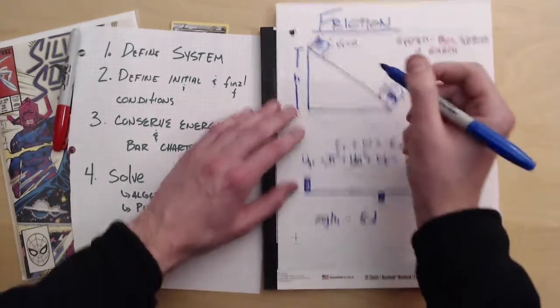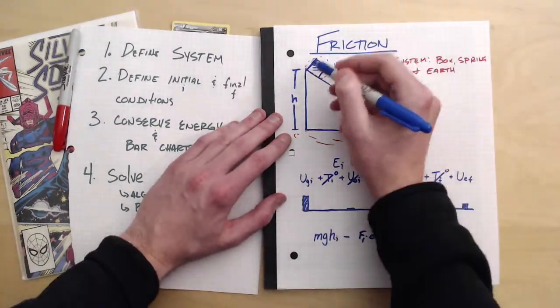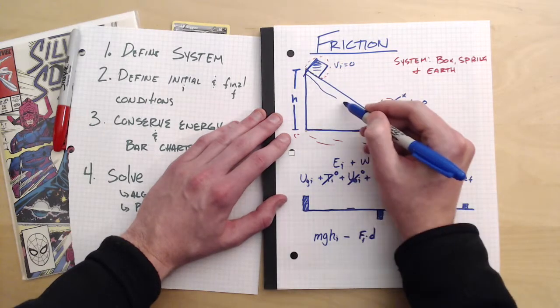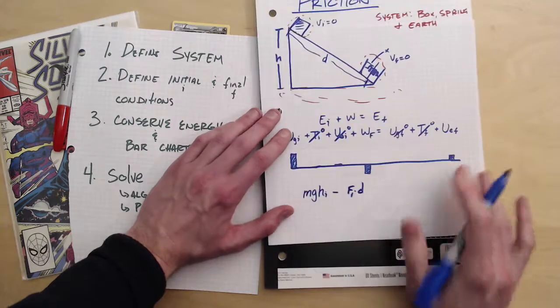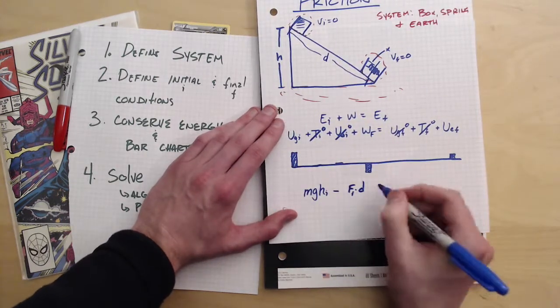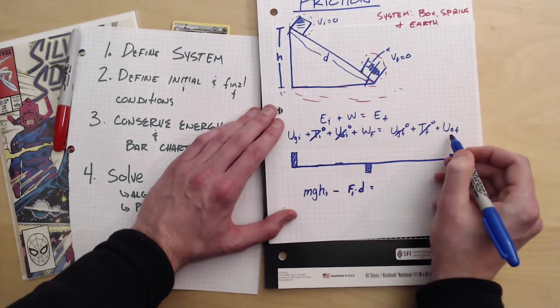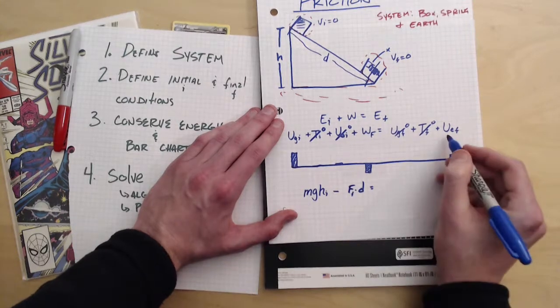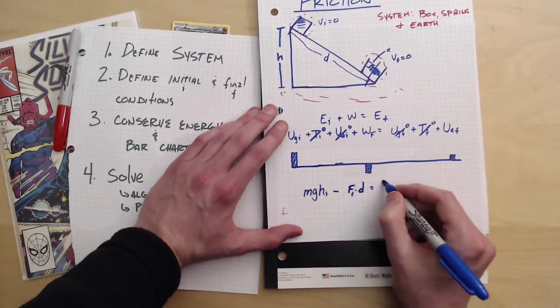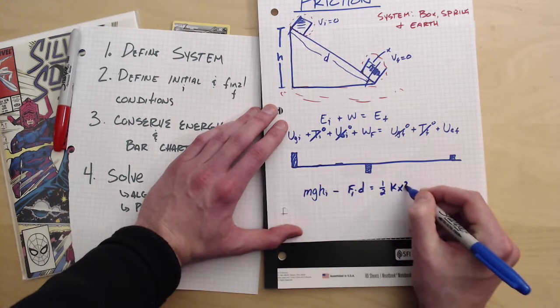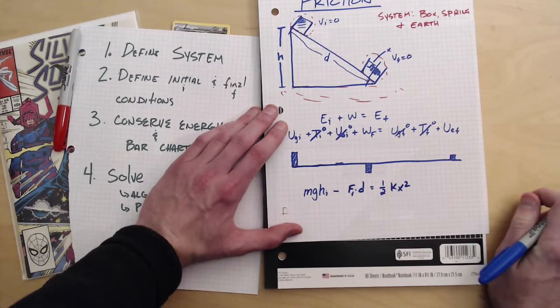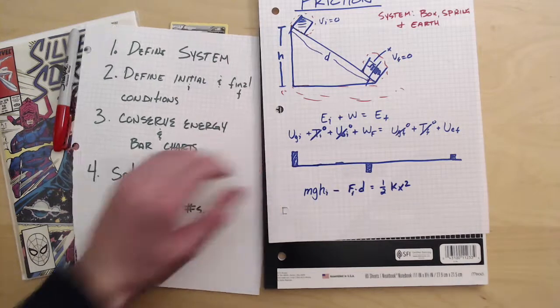So we're going to have to define a new variable in our system here of distance down the ramp, which is just the length that it travels. That's what that d is right there. And then we can set that equal to our elastic potential energy equation, which is 1/2 kx squared.